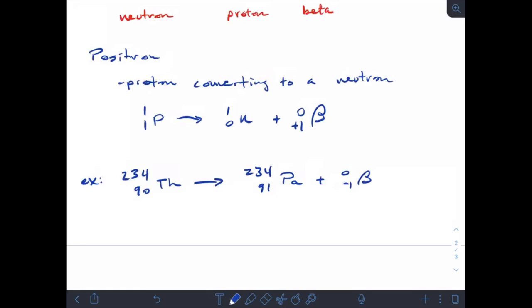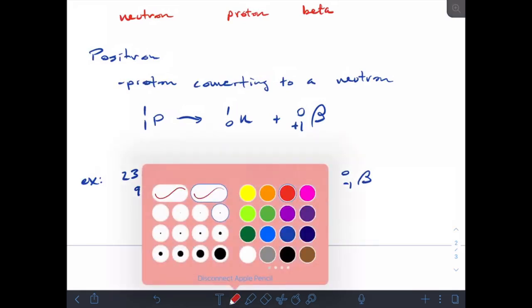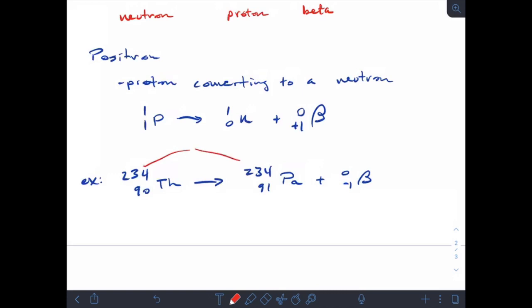Notice that the mass number has no change. The total number of protons and neutrons has not changed. All I've done is transform a neutron into a proton.